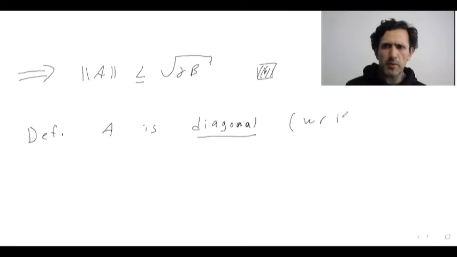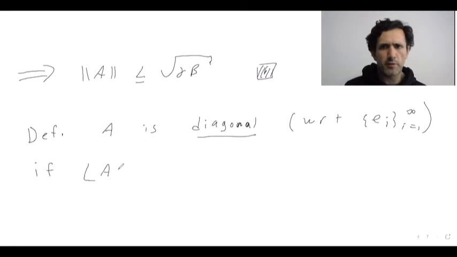We say an operator A is diagonal with respect to the orthonormal basis e_i if the matrix itself with respect to this orthonormal basis is diagonal.